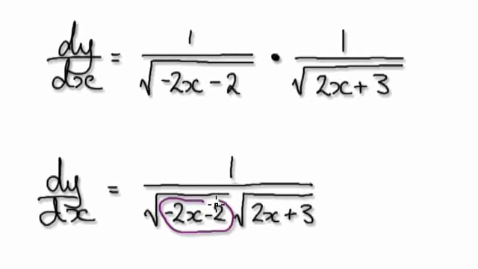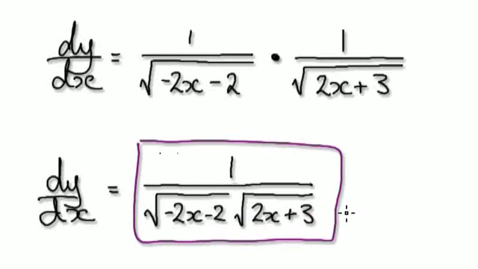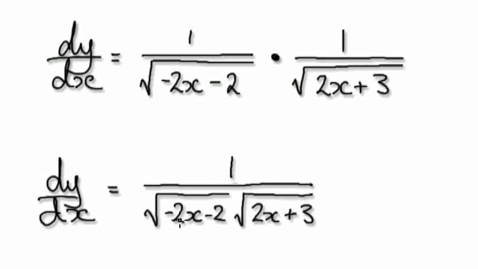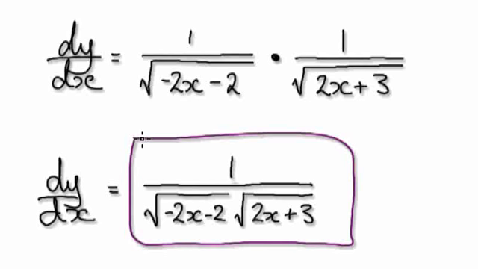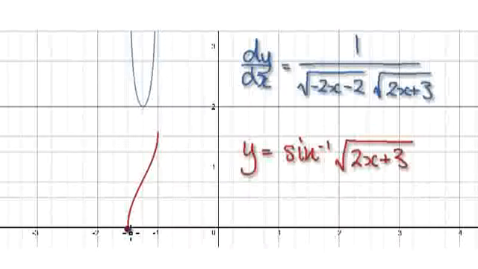Remember, if this bubble here is ever a negative number, then this whole thing breaks down. You see, looking at this here, there are many values of x where this whole thing will break down, but there exist some values of x where this whole thing will not break down, and those values are between minus 1.5 and minus 1.